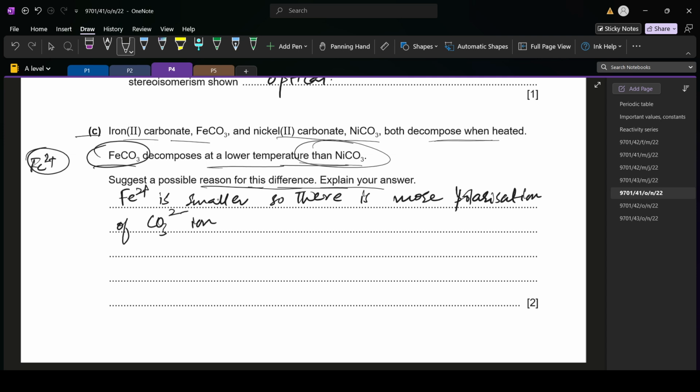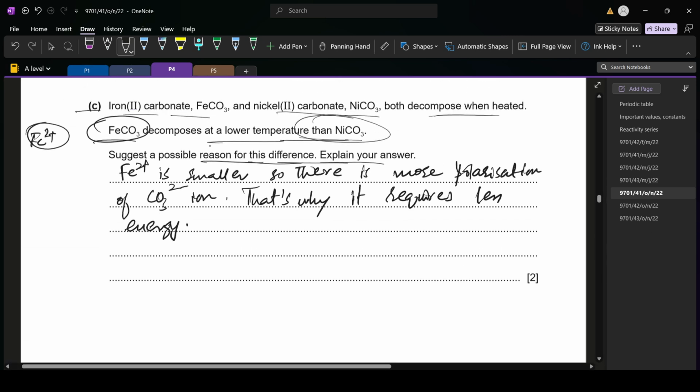That's why this Fe2+ ion, this iron(II) carbonate, will require less energy. Because due to polarization, the attraction between the iron(II) and the carbonate will decrease.